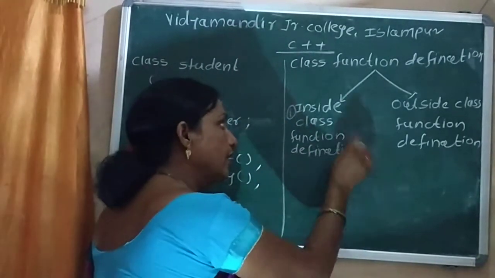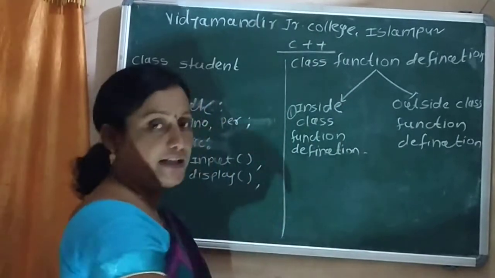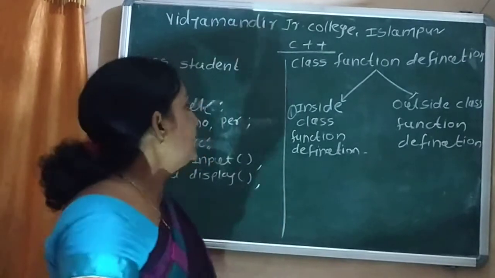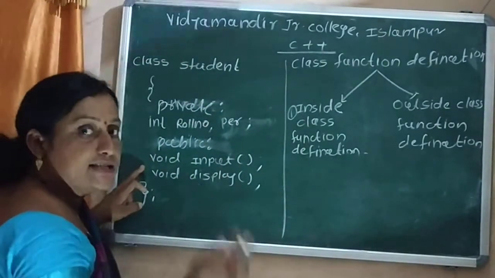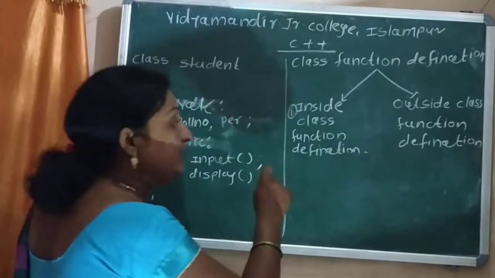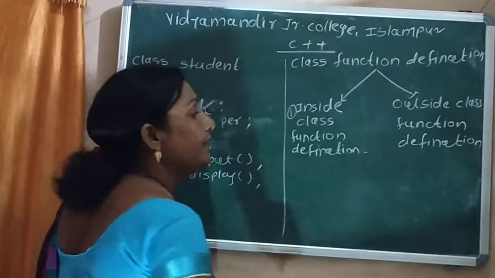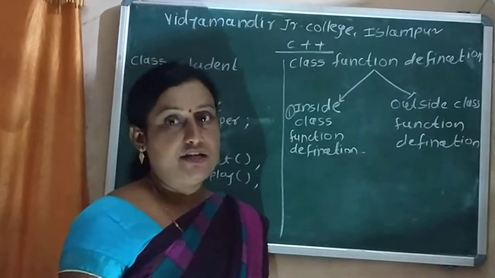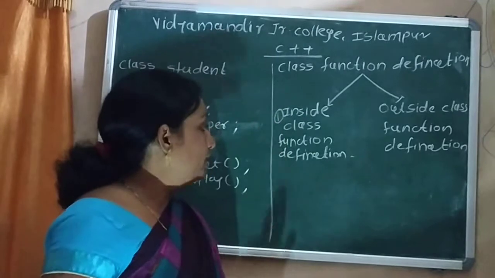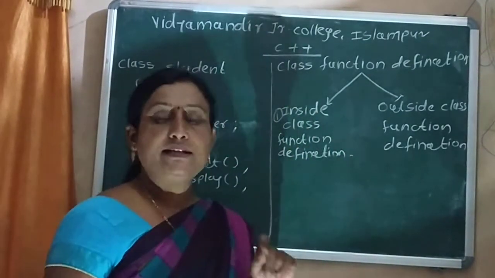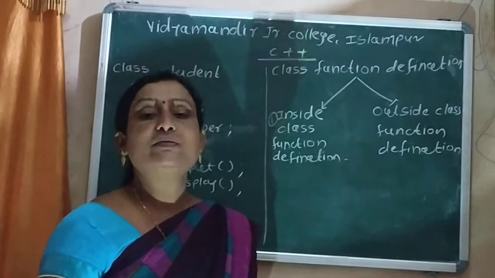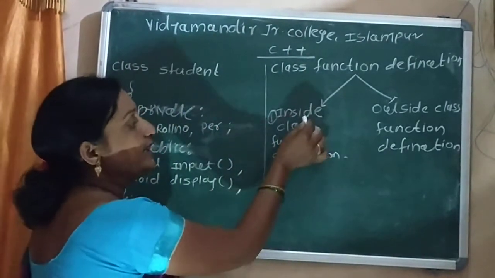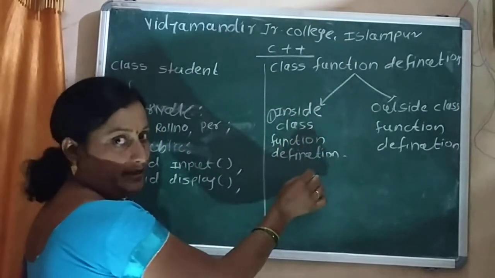When we declare a function in a class as well as define and use it within that class, that function definition is called inside class function definition. Got it? That is the function which is declared inside a class as well as used inside a class. That method is called inside class function definition.